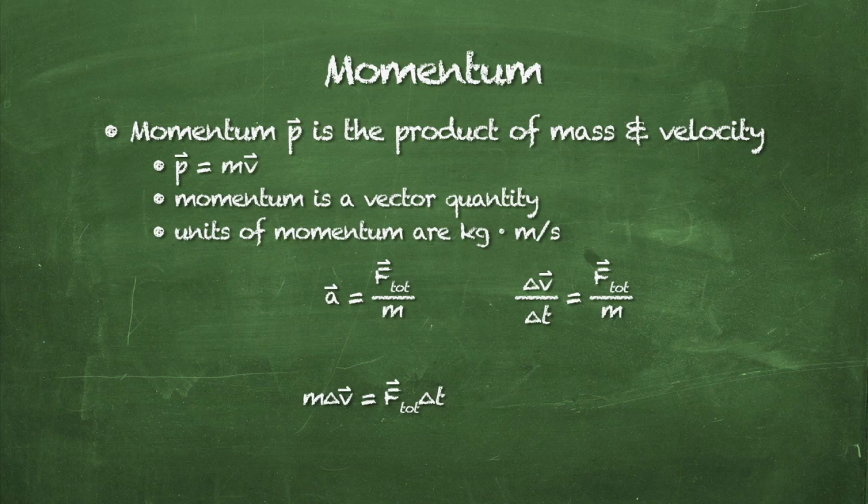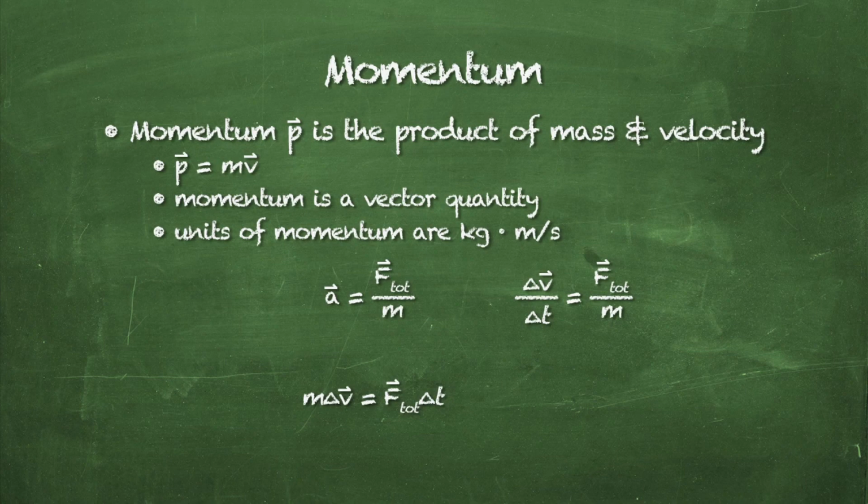Well, let's think about mass times change in velocity. If momentum is mass times velocity, and mass doesn't change, the mass of an object doesn't change, then mass times change in velocity is the change in the object's momentum.